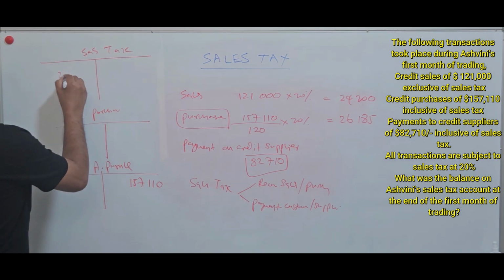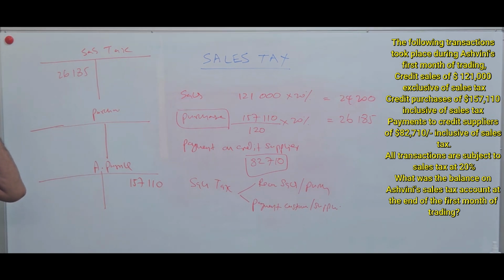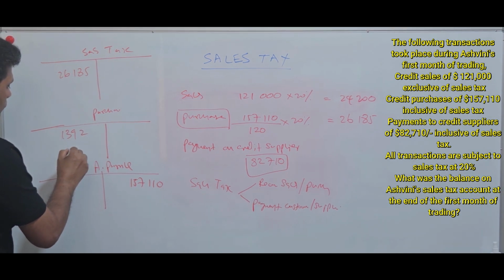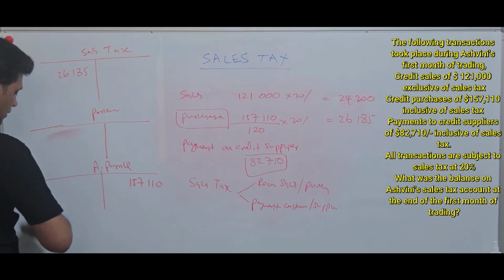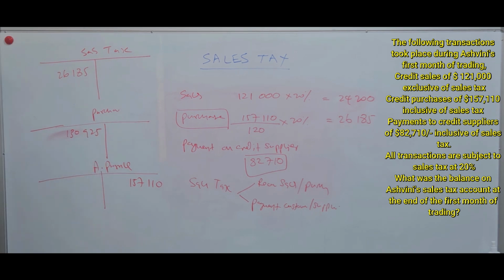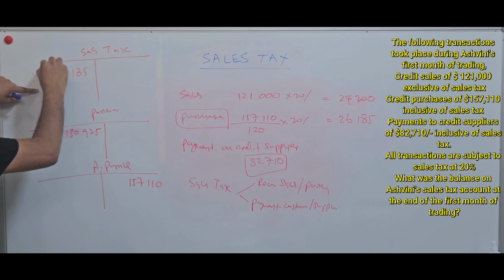Sales tax 26,185. Purchases, how much? 130,925. Okay. Now you have recorded the purchases and you recorded the sales tax.